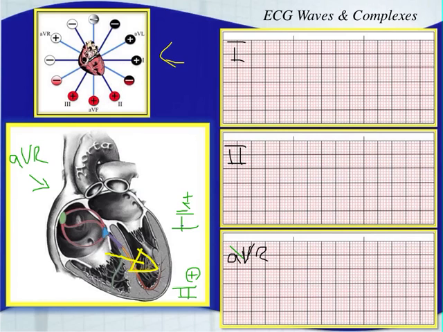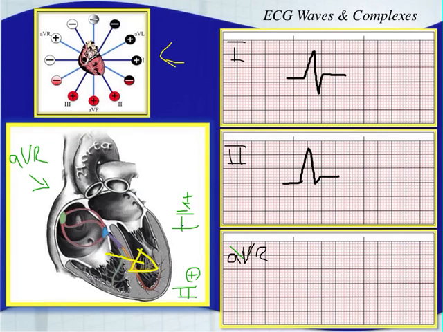Well, if I was looking at it from lead 1, it's definitely going more towards lead 1 than away from the positive electrode of lead 1. So it would be more positive than negative. It might look something like that. If I was looking at it from lead 2, the QRS complex would be almost completely positive. It might have a little bit of a negative wave, but it would look mostly like that.